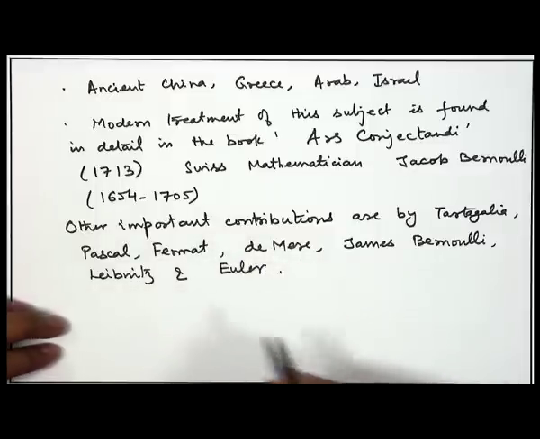All of these European mathematicians contributed in great detail to various aspects of the subject, you can say combinatorics, which has permutation and combination as one of the most important components.